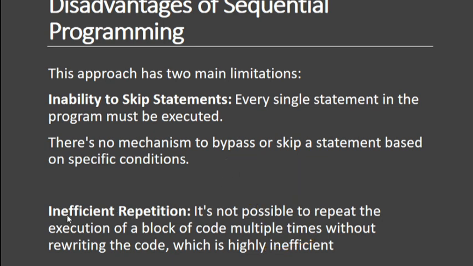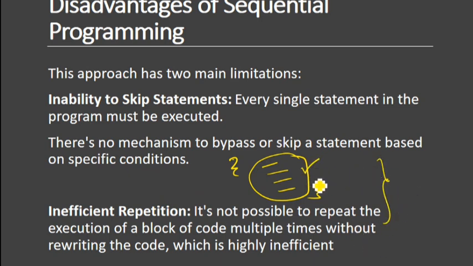Second disadvantage is inefficient repetition. It is not possible to repeat the execution of a block of code multiple times without rewriting the code, which is highly inefficient. For example, assume this is a block of code which consists of some information. A subprogram is there, and I would like to use the same program again somewhere else in the program.